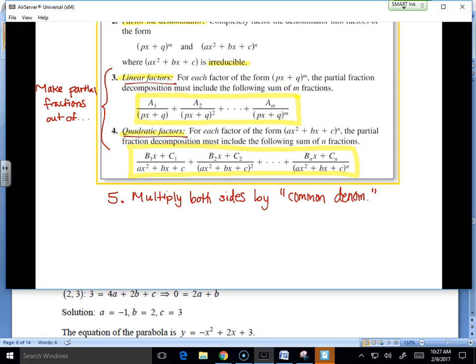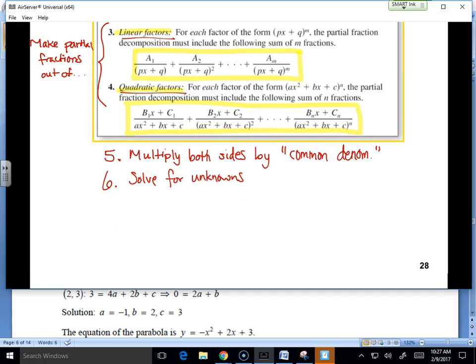Multiply both sides by the common denominator. And then solve for unknowns. You might have multiple ones of them. Solve for unknowns using, now here's where it gets a little tricky.